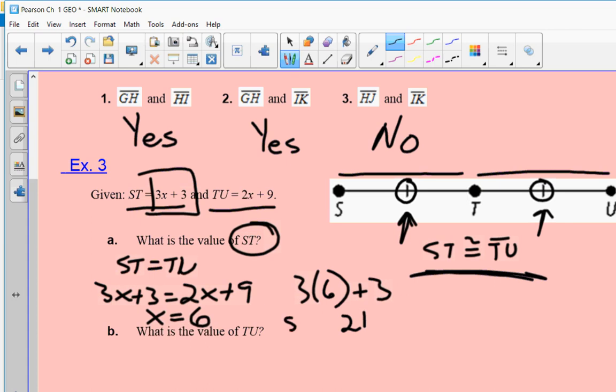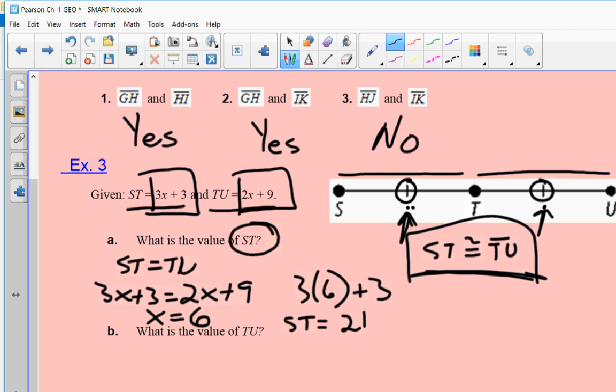Okay. Then they ask, what's the value of TU? Well, TU is represented by 2x plus 9. So I need to plug that back in. Before I do that, let me just remind you, they are saying with these little hash marks that those two things are the same. So I'm thinking TU has to be 21 because it has to be the same as ST. But unfortunately, in geometry, we do a lot of things called proofs.